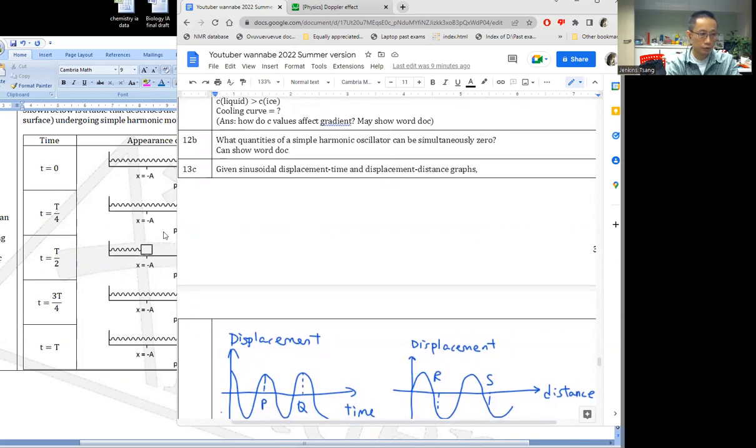So the answer would be choice B, displacement and acceleration. You can also use the equation a equals negative omega squared x. Recognize that omega is a constant. When x equals 0, a also equals 0.